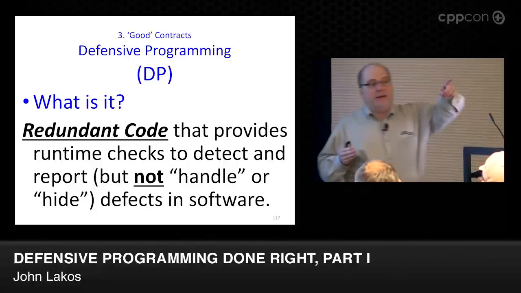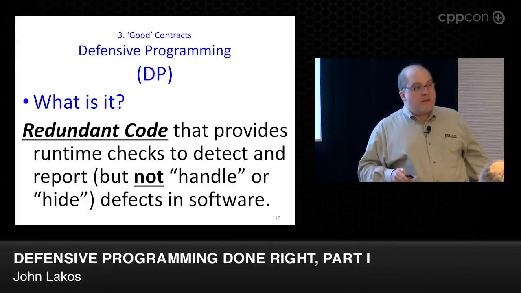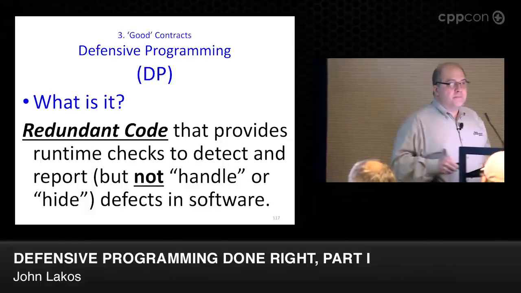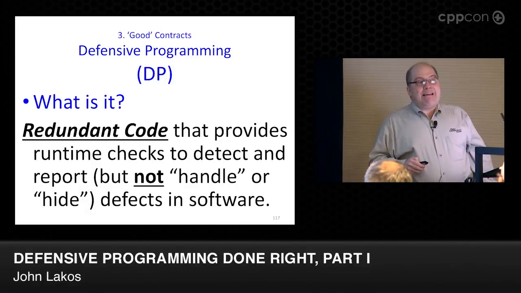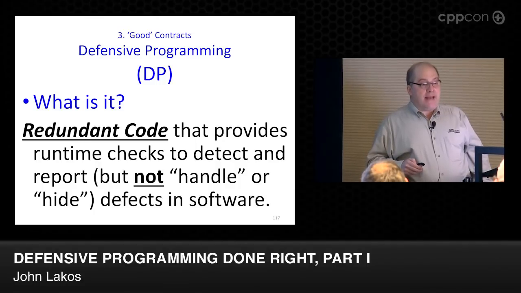Okay, go ahead. Runtime is the only word that I took issue with. Because with template metaprogramming, you can have redundant code and this defensive programming. If it's a compile time assert, it is in a funny region because it costs you nothing at runtime, and it costs precious little at compile time typically.